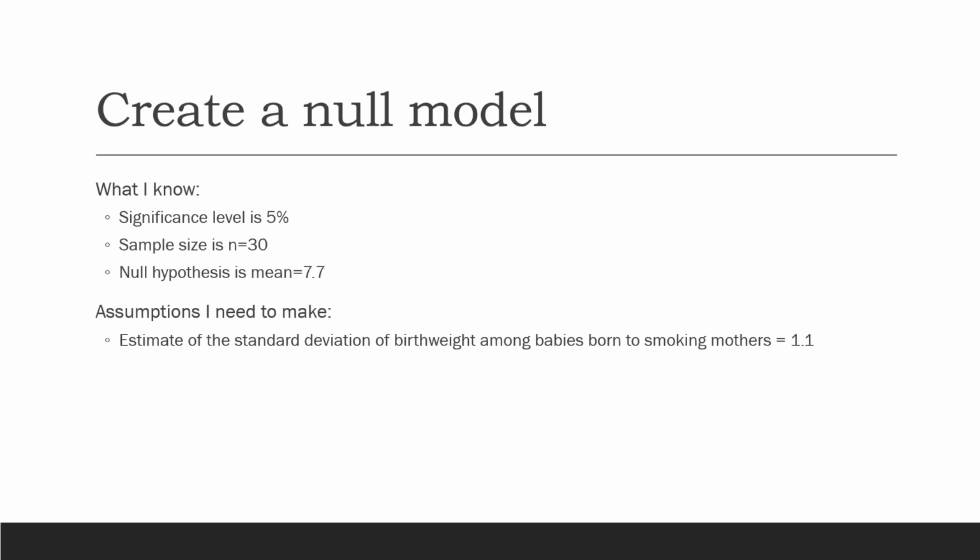Now my sample statistic is going to be the sample mean. So I need to know how the sample mean is distributed if the null hypothesis is true. If the null hypothesis is true and my assumption about the standard deviation is true, then the sampling distribution of the sample mean x bar, because the sample size is relatively large at 30, should be approximately normal.